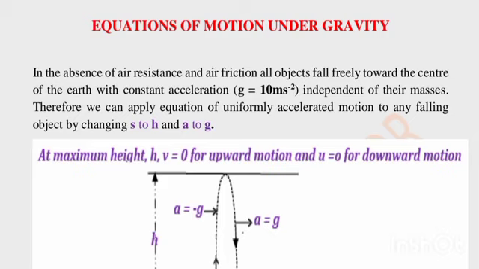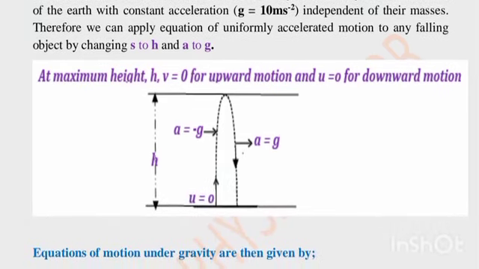So therefore, we can apply all the equations of uniformly accelerated motion derived in our last video in solving any problem related to motion of an object under gravity by changing our horizontal distance s to vertical distance h, and by also changing our horizontal acceleration to acceleration due to gravity g.